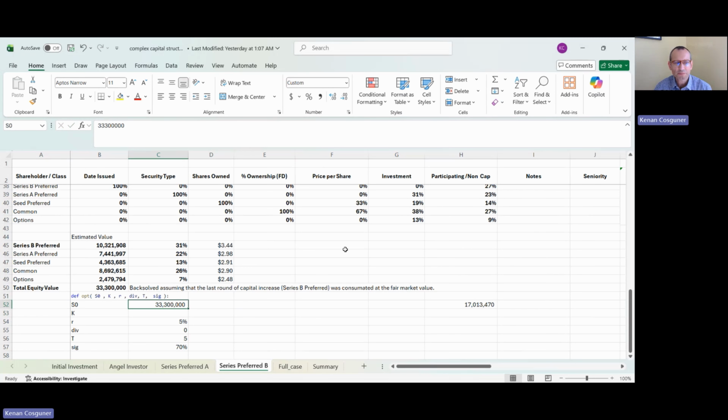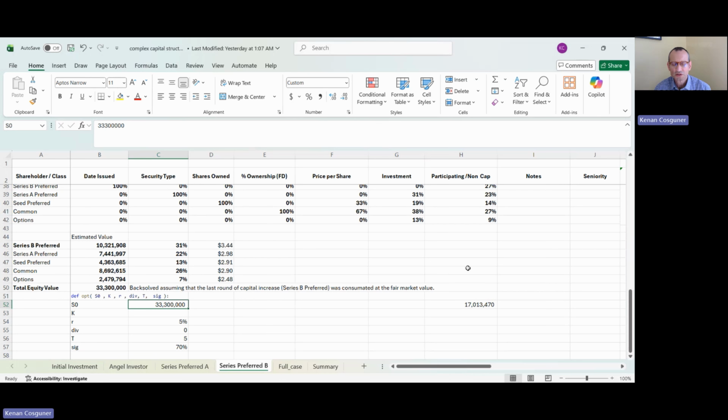If we plug in 33.3 million in our calculation for total equity, Series B preferred shares are valued at 10.3 million.